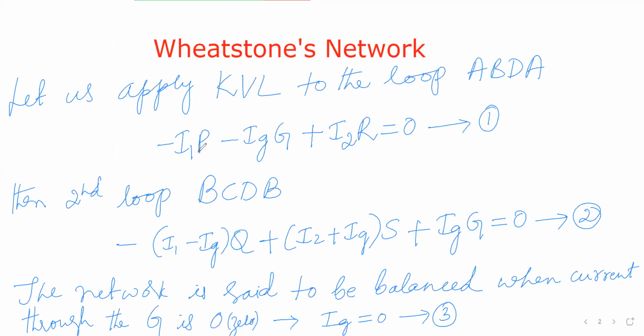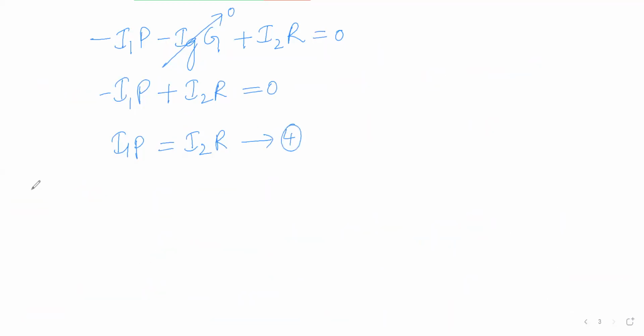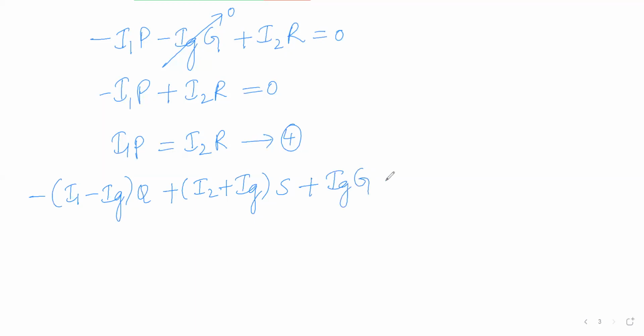Now we have to consider the second equation. Second equation is here: minus (I1 minus Ig) into Q plus (I2 plus Ig) into S plus IgG equals 0.